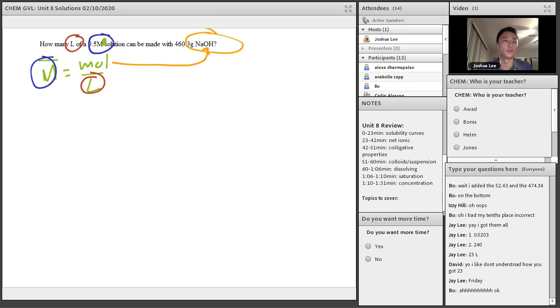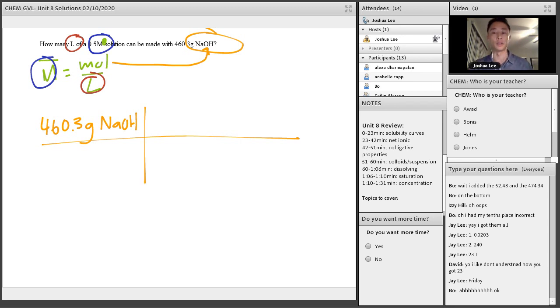So step one, I'm going to go is 460.3 grams of NaOH. I'm going to convert this to moles. The molar mass of sodium hydroxide is 40.00. So that's the 22.99 plus 16.00 plus 1.01 for NaOH. So if you're wondering why we keep using 40, it's because of that.